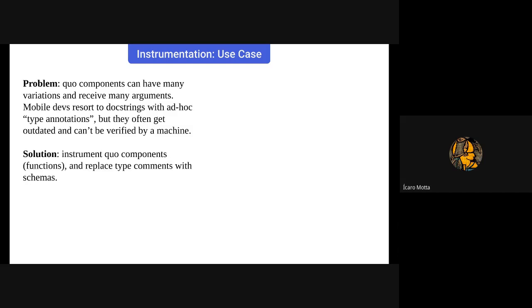So the solution is to instrument code components, which are just functions, and replace type comments with schemas. So we're going to look at a simple example, which is the number tag component. Here's a bit of code that shows the view internal and the view var, standard stuff.